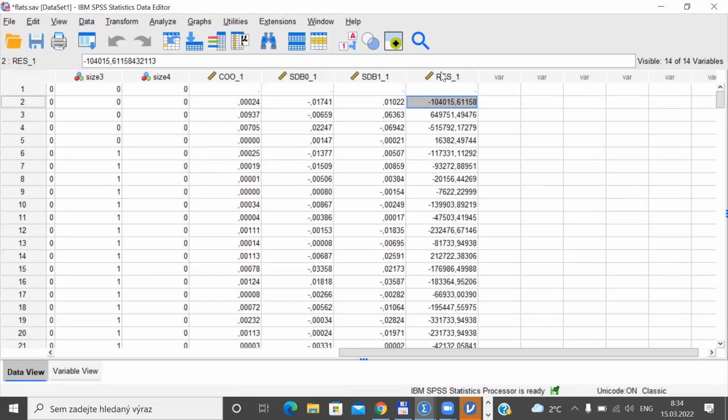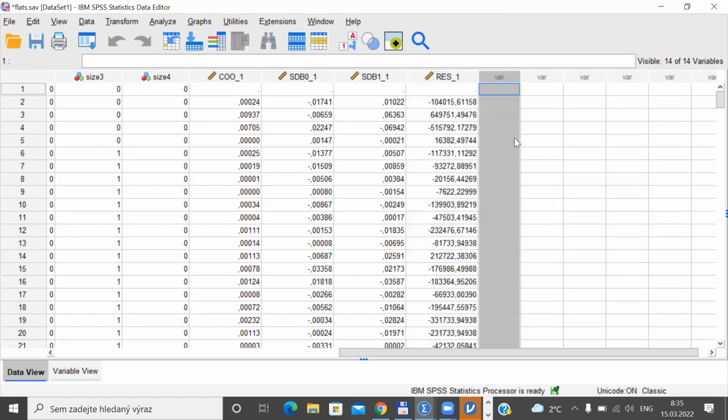It is enough to take absolute values of these and then make a regression model in which the dependent variable would be absolute values of residuals, and the independent variables would be the set of predictors from the original model. So first of all, I need to compute a new column, which will be only absolute values of these residuals, and then apply the regression computation.